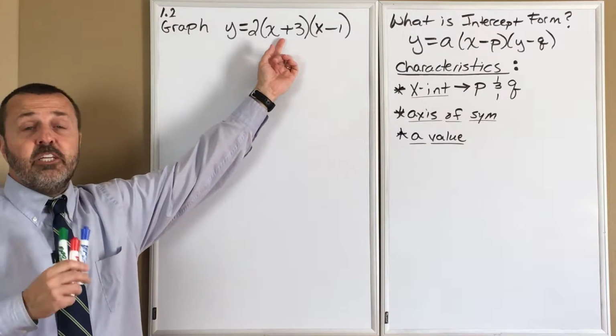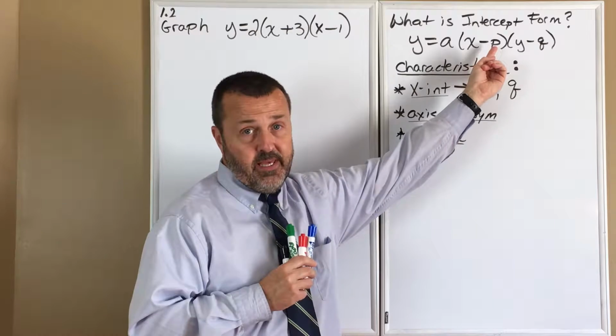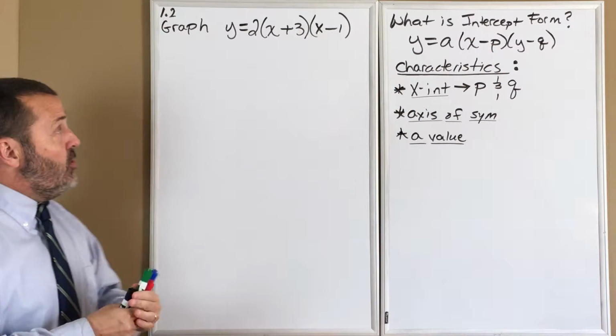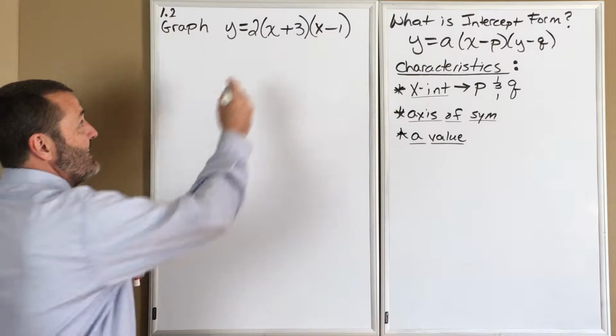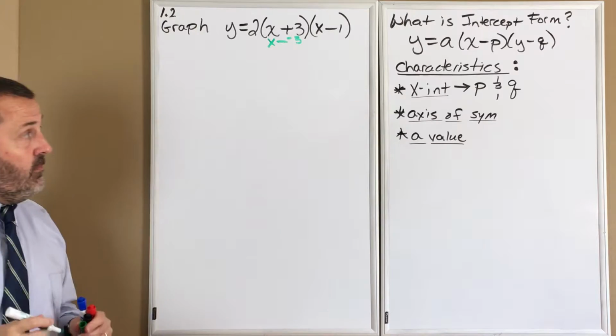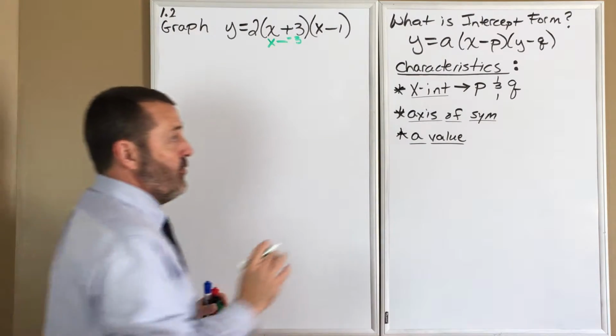It's x plus 3. Our form says x minus p. How could we turn that into x minus? We would have to say x minus a negative 3. So our p-value is really negative 3.